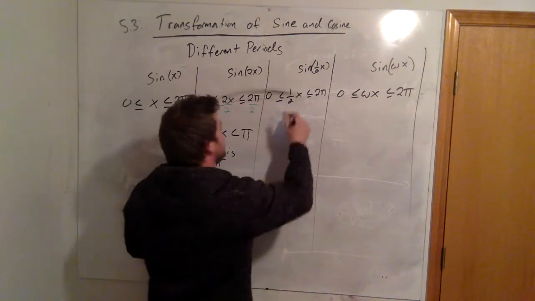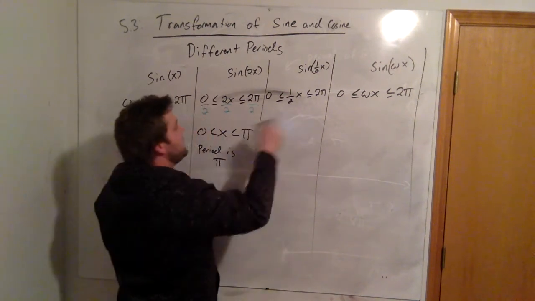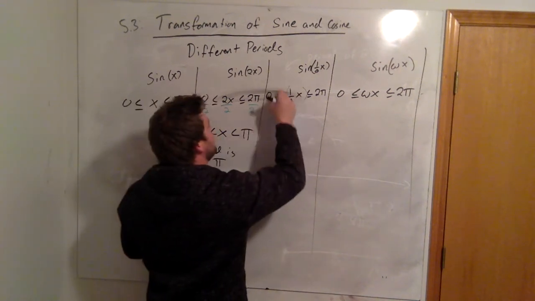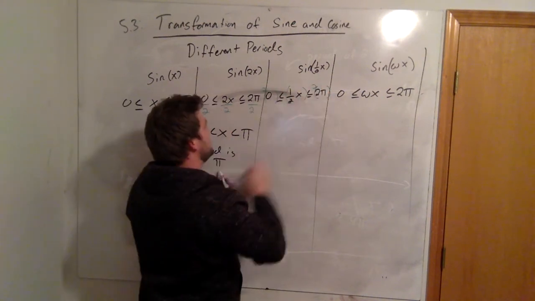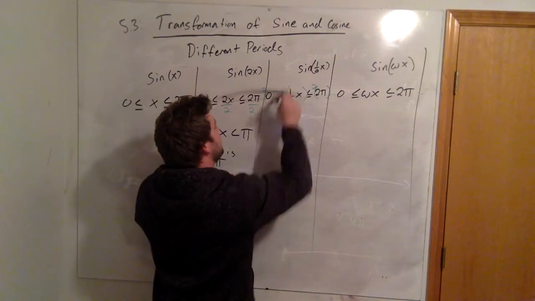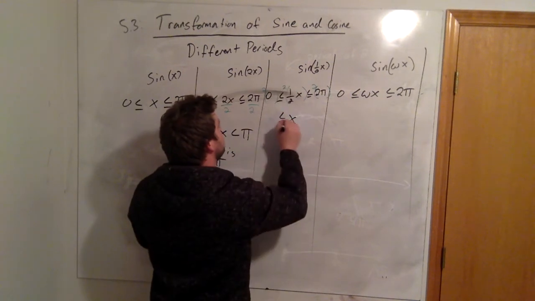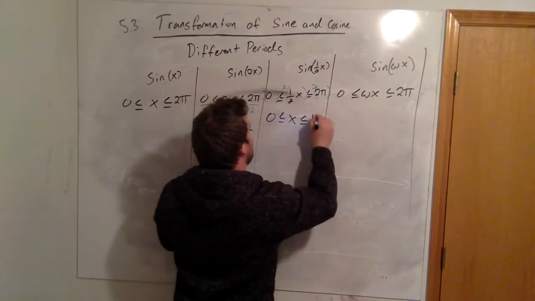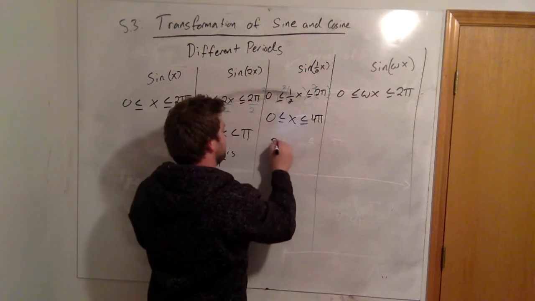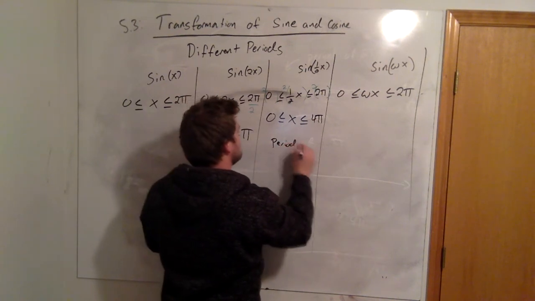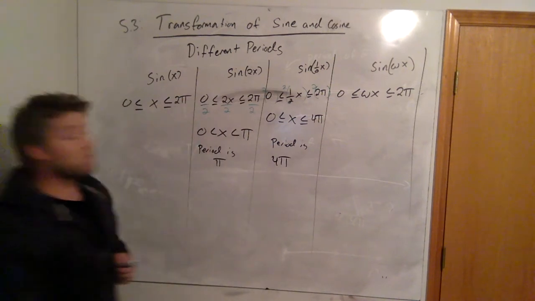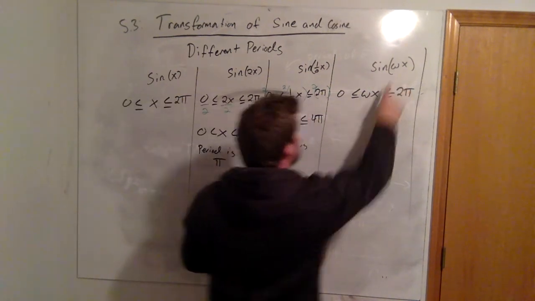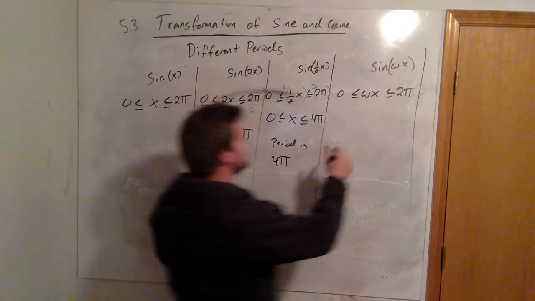Over here, instead of dividing everything by 2, I would multiply everything by 2. So I'm going to have that x is going to be between 0 and 4 pi. So the period is 4 pi. Now in general, whatever number is right here, how do I figure out what the period is?